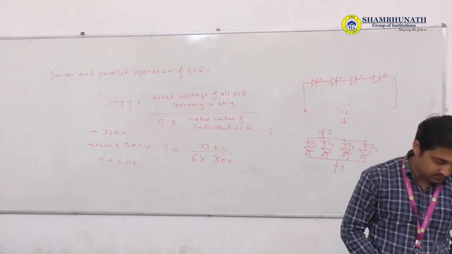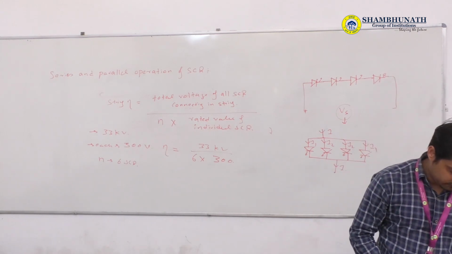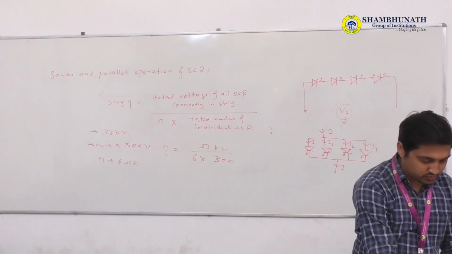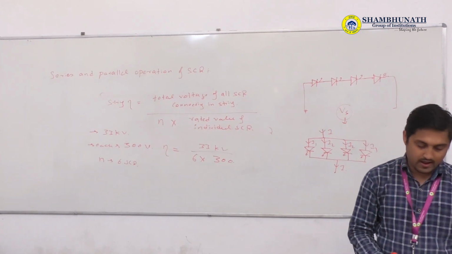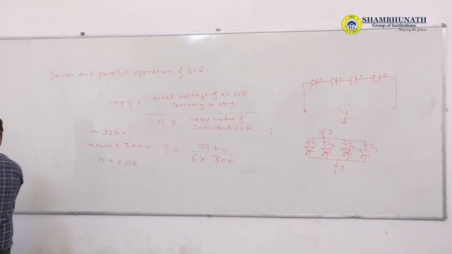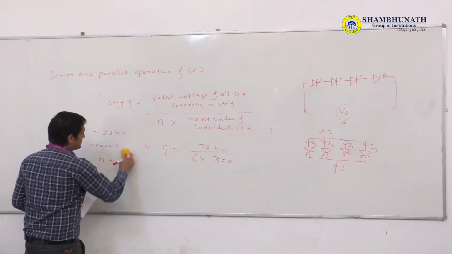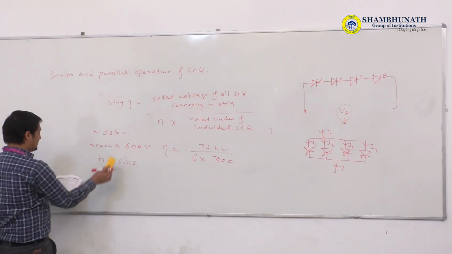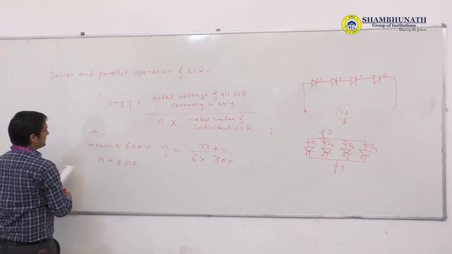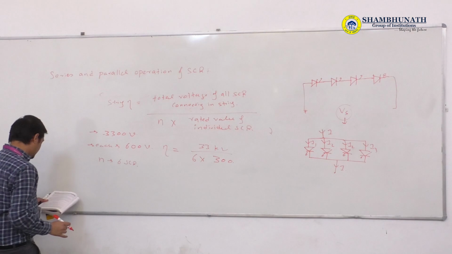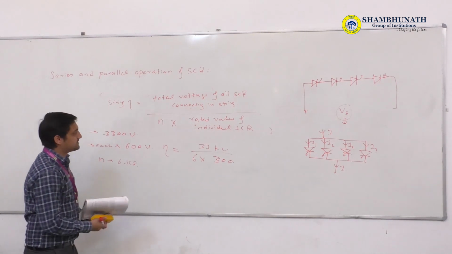Okay, there is an example in the book which says that the total string voltage is equal to 3300 volt and the individual voltage is equal to 600 volt. It connects 6 SCRs.